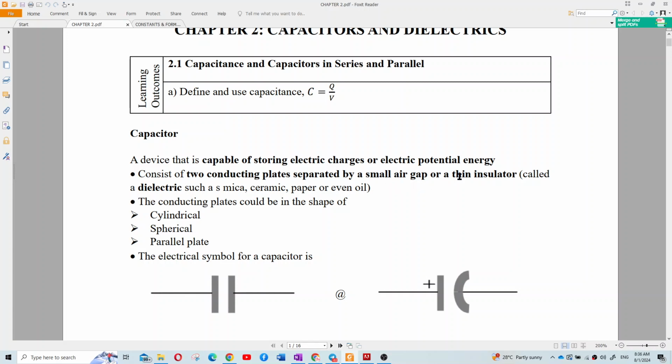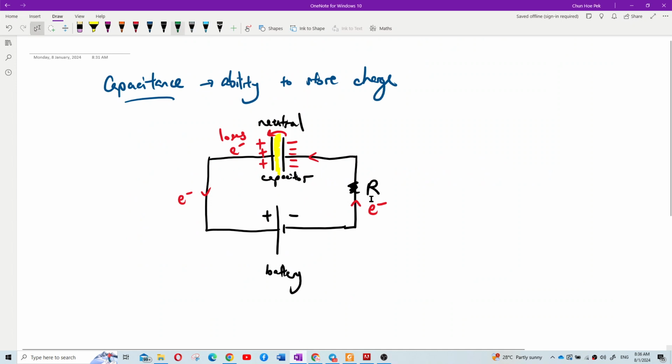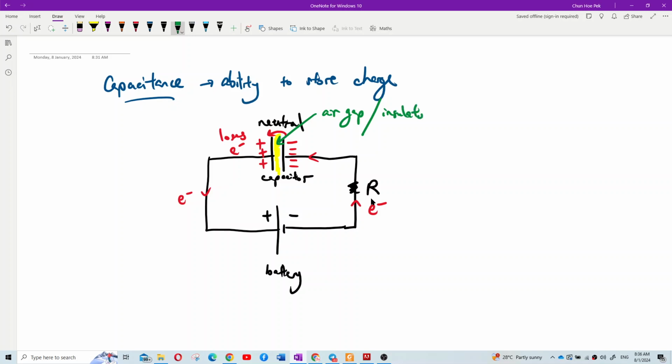It is either air or an insulator, and an insulator cannot conduct electricity. If it is an air gap or vacuum, there is no dielectric.